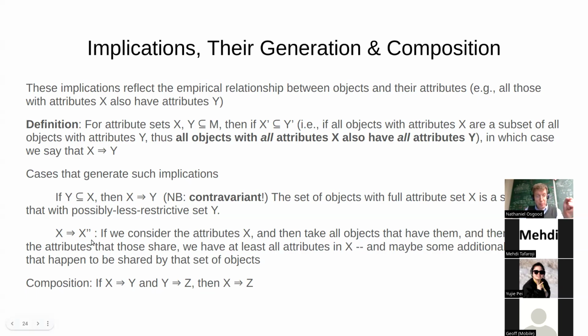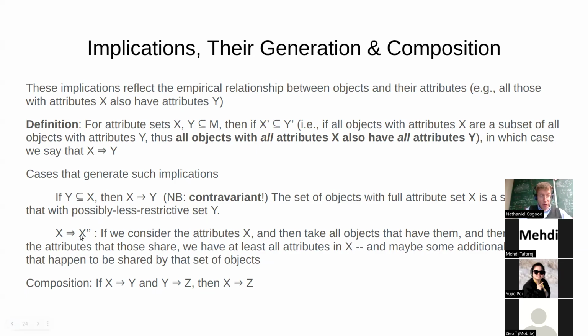So we go from attributes X to all the objects that share them, back to all the attributes that those share. We have at least the attributes from X. Remember that? So X implies X double prime. So we know that if X holds, then this concept holds.